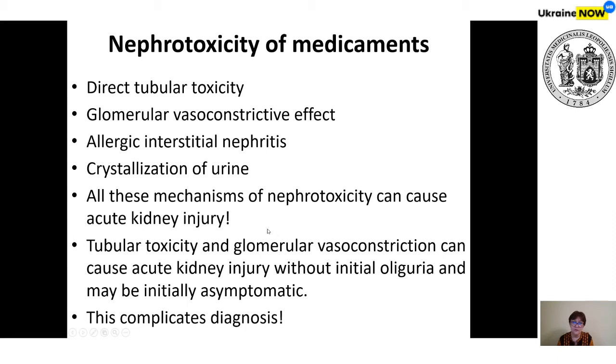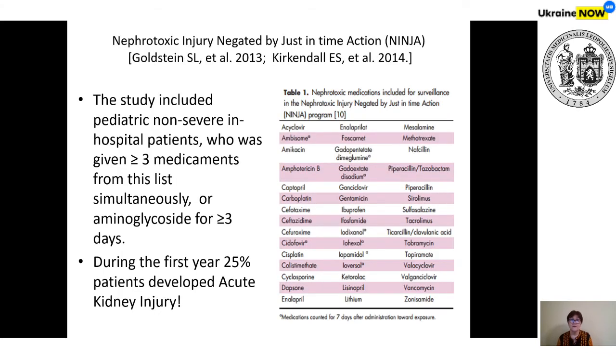Tubular toxicity and glomerular vasoconstriction can cause acute kidney injury without initial oliguria and may be initially asymptomatic. All these things complicate diagnosis. Nephrotoxicity of medicaments was studied in an investigation with the abbreviation NINDA.